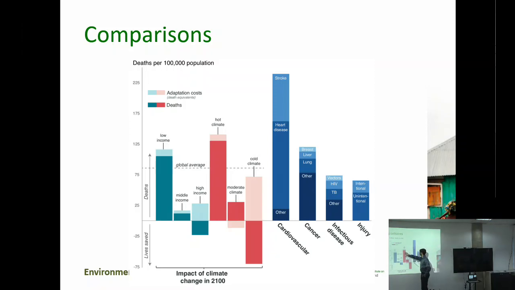In hot regions, it's quite similar. In high-income regions and cold regions, the additional deaths, or rather the lives saved from reduced cold temperatures in winters, are offset by the costs that people have to put into adaptation, basically taking money away from things that they could be doing to support their health otherwise.